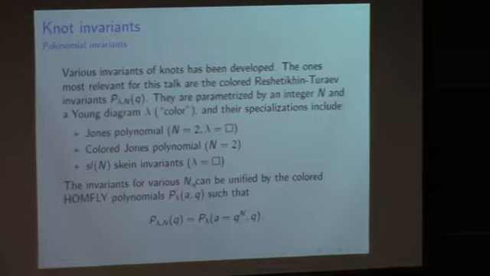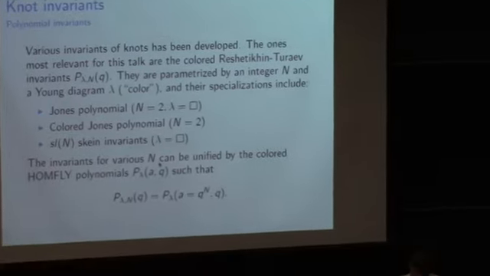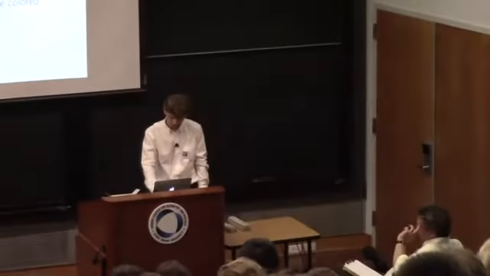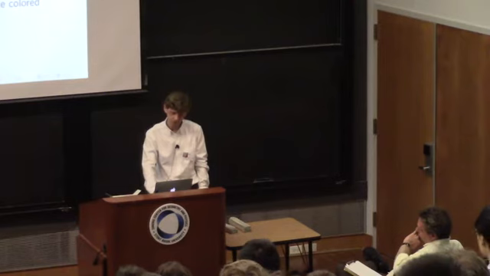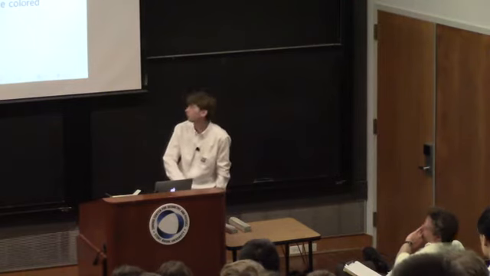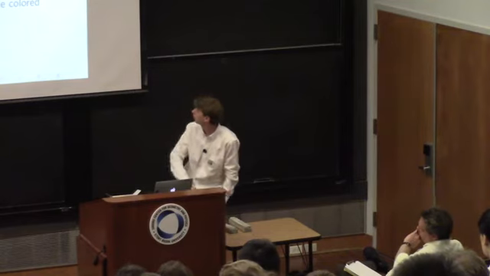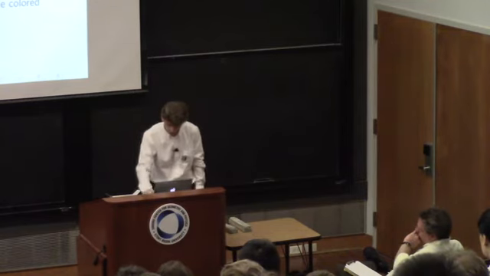And you can actually eliminate this parameter n by introducing some variable a, and one can check that there is a polynomial in two variables, and when you specialize a to q to the n, you get back all these regular Jones-type polynomials, or all these P lambda n.